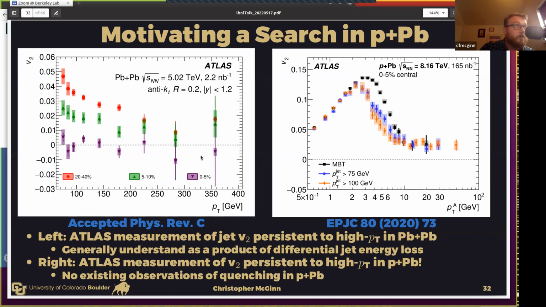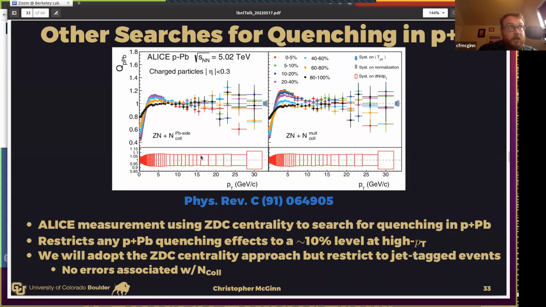And of course, we're not the only people who've searched for quenching, although I'm going to show you that search in a second. ALICE has also done a quenching search. This is Q_pPb. You should think of it as very similar to R_pPb. There's some nuances in the definition, but effectively it's a ratio between production of particles in p-Pb with their production in pp. The x-axis is the pT of these particles.